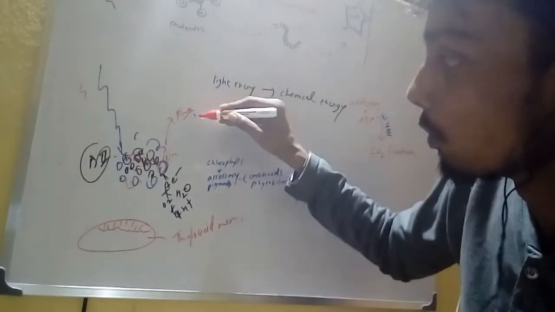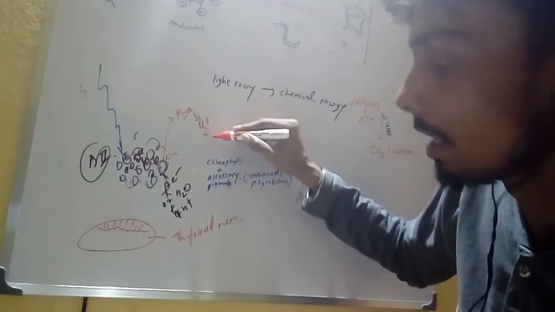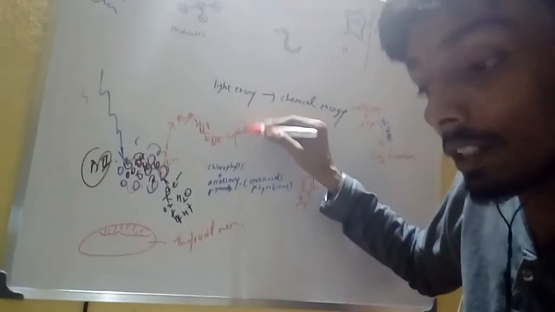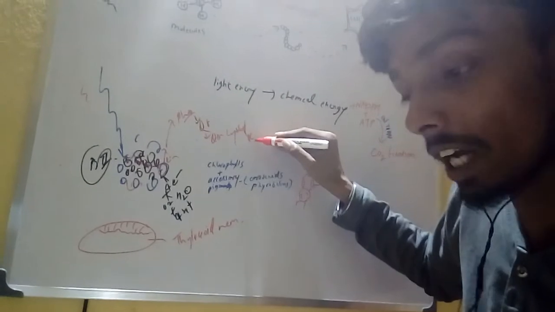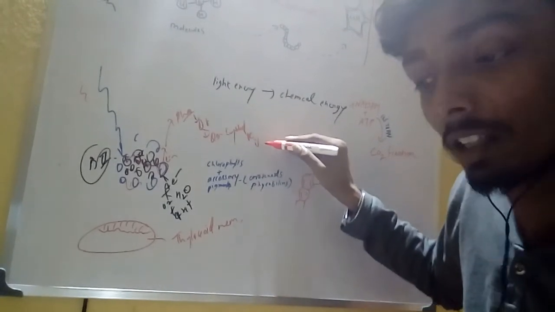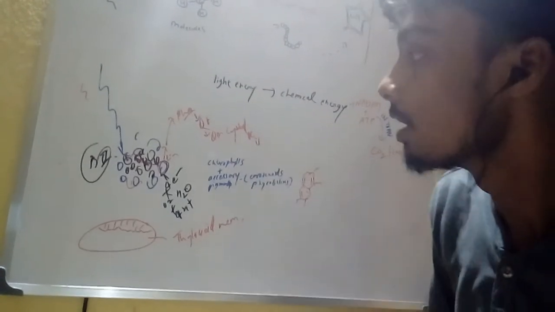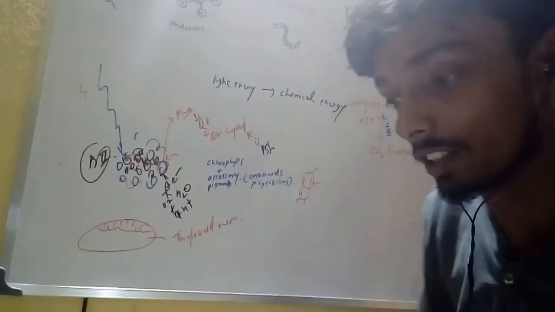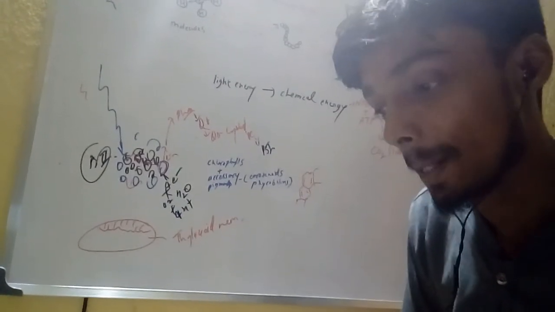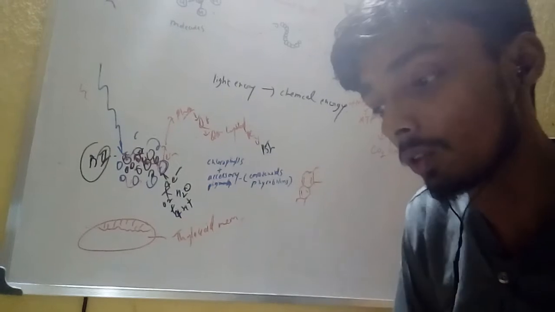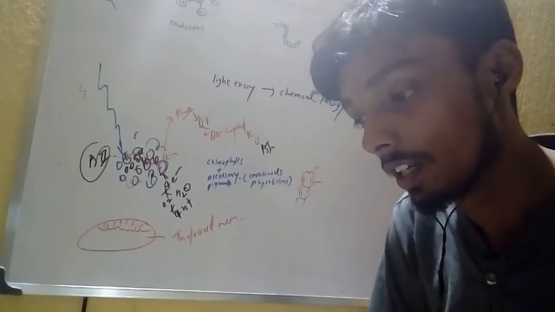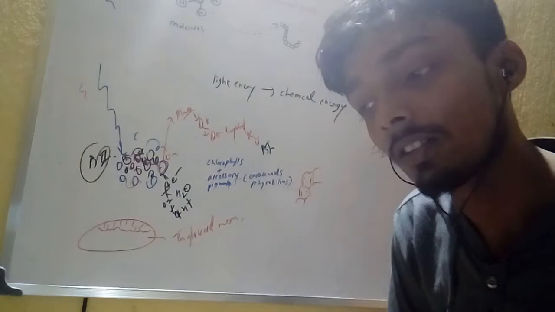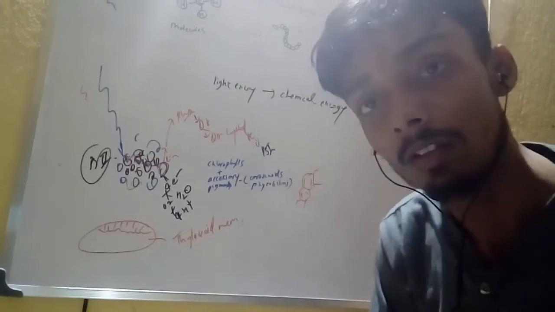and from pheophytin to quinone A, then quinone B. Here is another complex, cytochrome b6f, to plastocyanin. Plastocyanin gives these electrons to the next photosystem, which is photosystem first, and again this photosystem first receives another light.